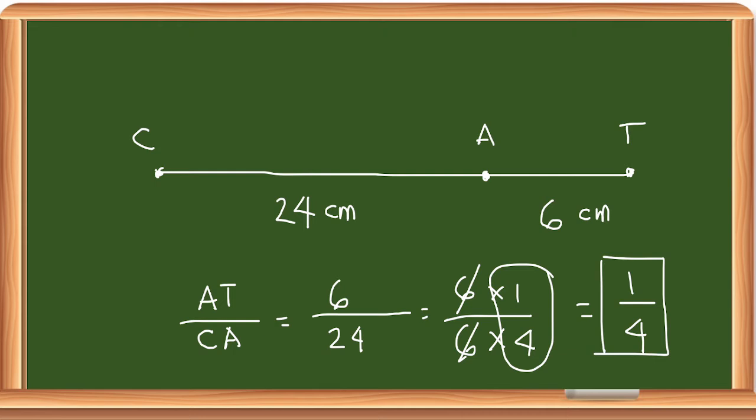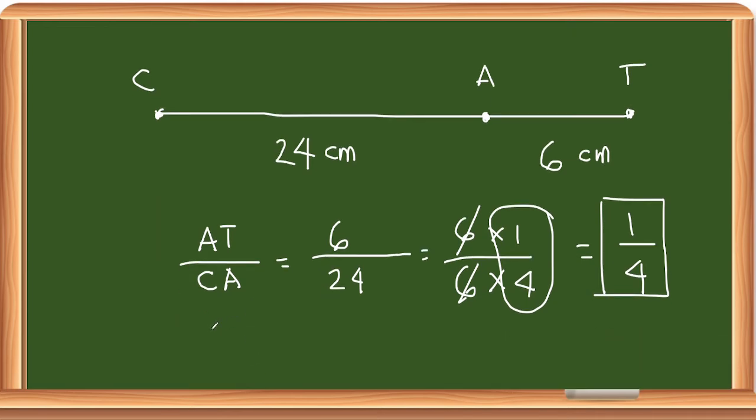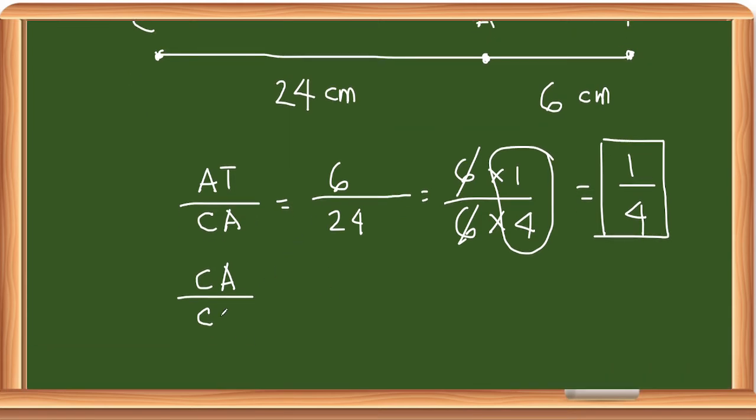Okay, so any questions so far regarding the ratio? It's easy, right? Like for example, if you are asked to get the ratio of segment CA over segment CT, or we can add CA plus AT, segment CA plus segment AT.